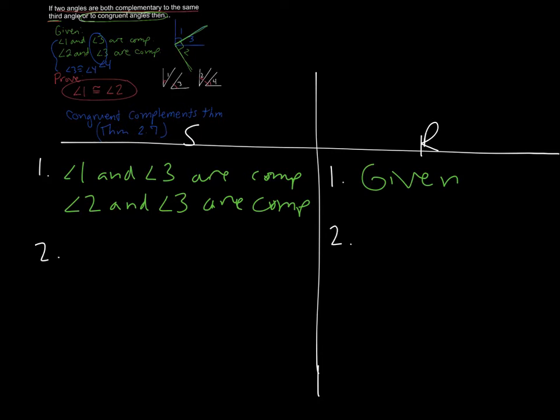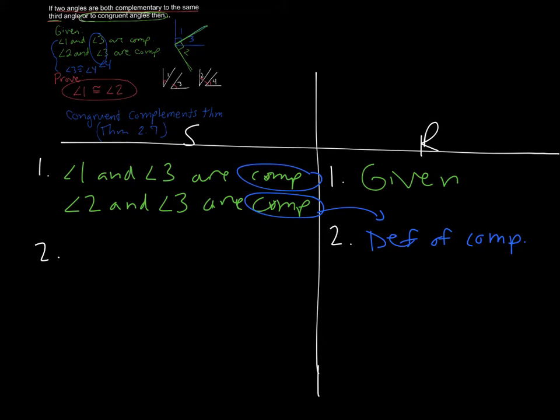If you're struggling with what to do next in your proof, I always tell you to look at your given information and do something with it. If you can make an equation, that's great. Look for keywords. So the word that I'm seeing is complementary twice, and I'm going to see how I can use what complementary means. Specifically, I'm going to look to my definition of complementary and see if that gives me any idea of what I can say.